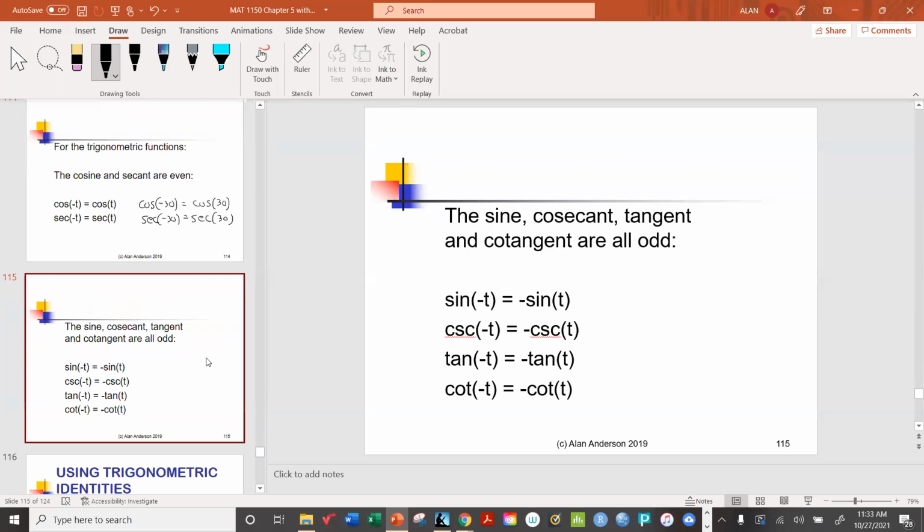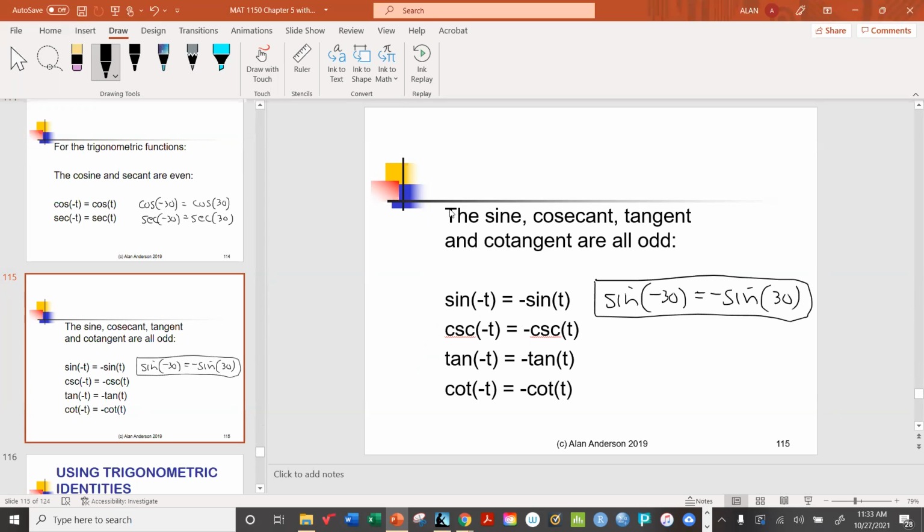In other words, the sine of negative 30 is negative whatever the sine of 30 is. And the same thing holds for the cosecant, the tangent, and the cotangent. So again, sometimes this can come in very handy. So it's good to know this.